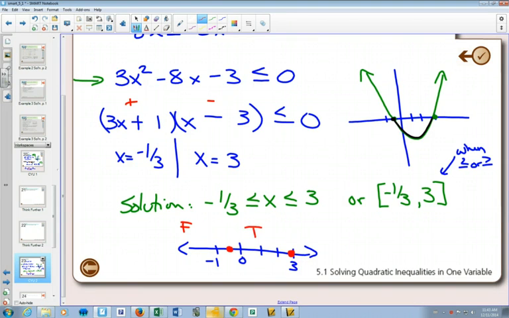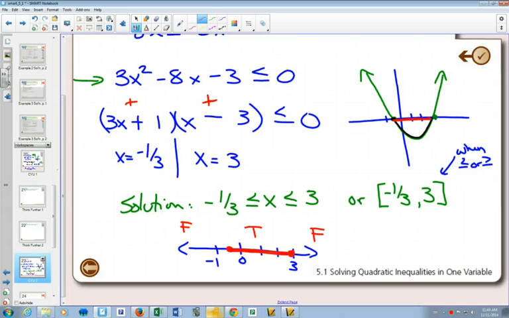And finally, if I try a number bigger than 3, like 7,432, then when I plug it in here, I'm going to get a positive number here, and a positive number there, and a positive times a positive is positive. Is that less than or equal to 0? False. So we know that our solution on our number line is in between there, which of course, we could easily see from the graph.